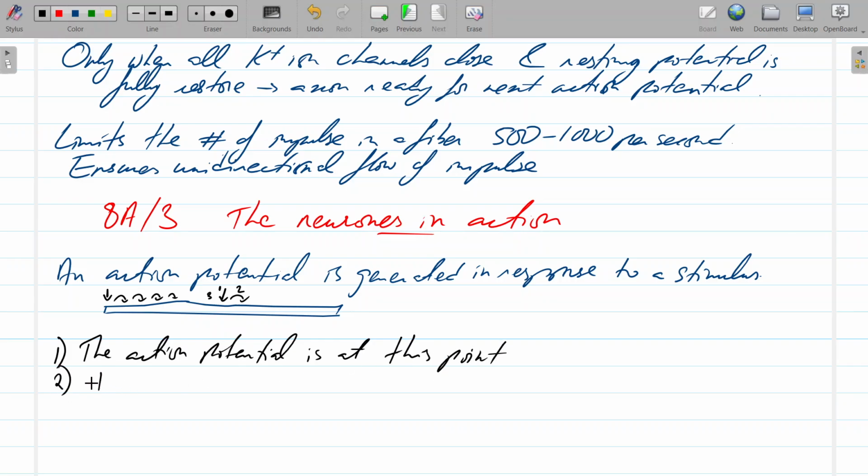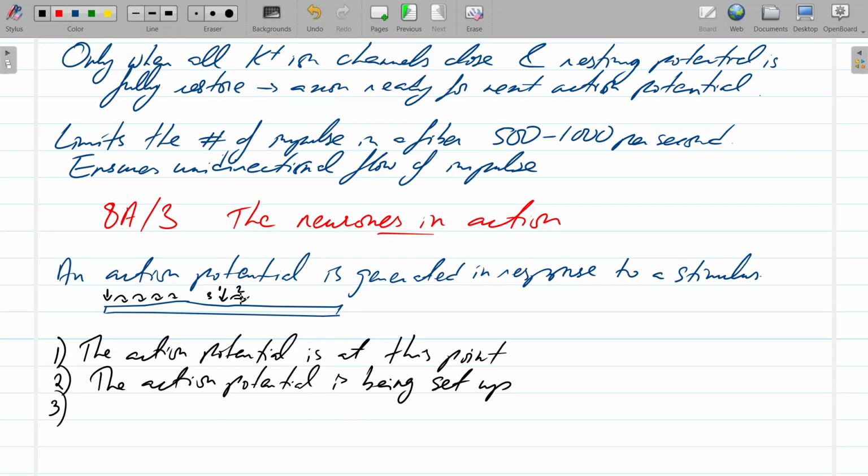Right, at point number two, the action potential is being set up.